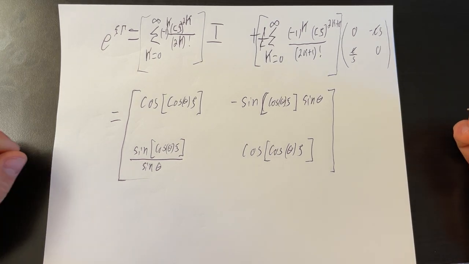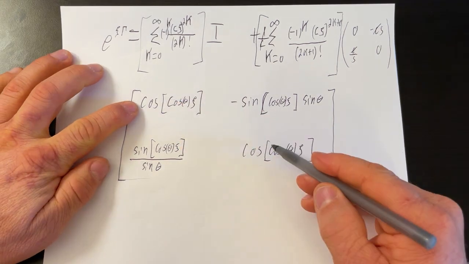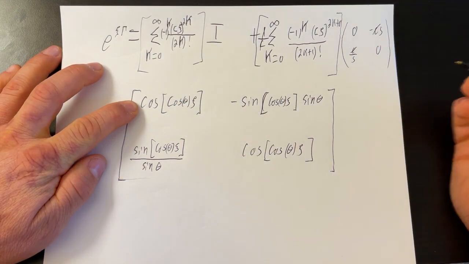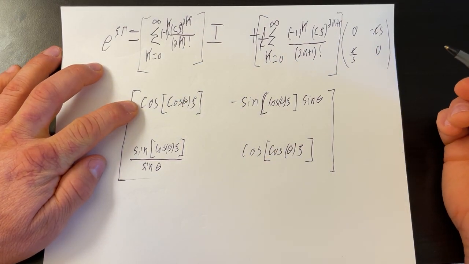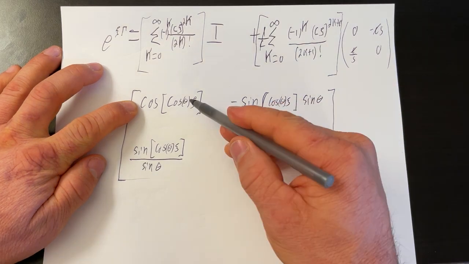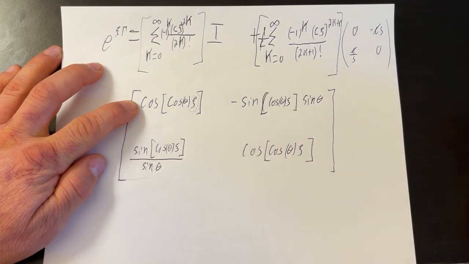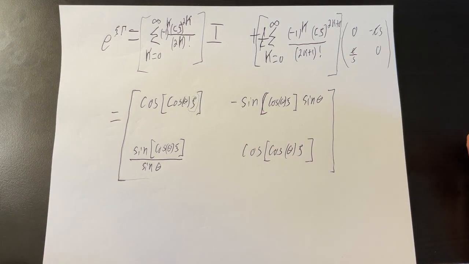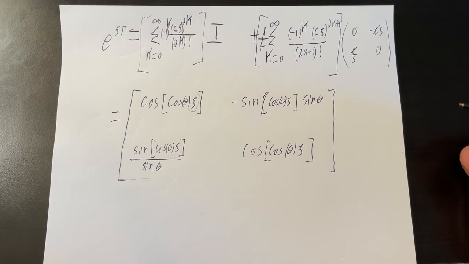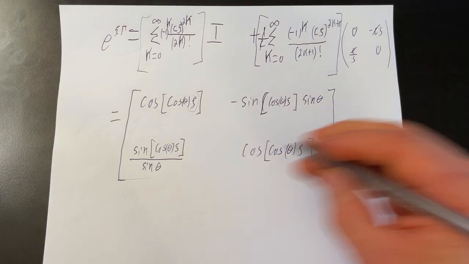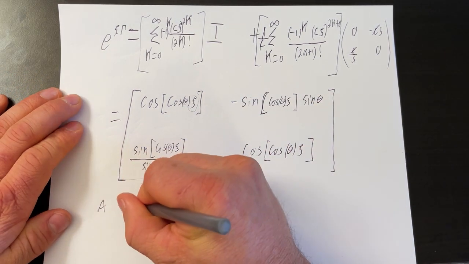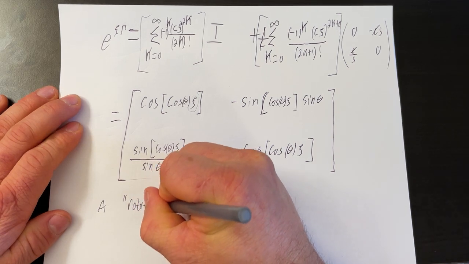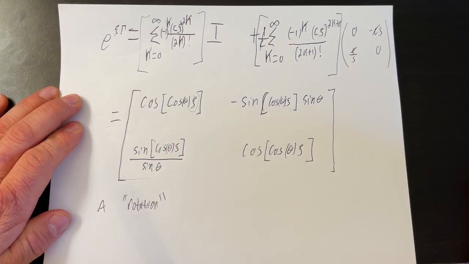What is that thing doing? If you squint, you've got cosine, cosine, negative sine, sine. This is roughly speaking the rotation matrix, but it's going to change with the parameter c, and it certainly depends on where you are on the sphere as far as the polar angle. It's not a rotation.